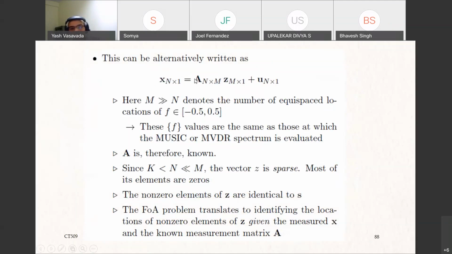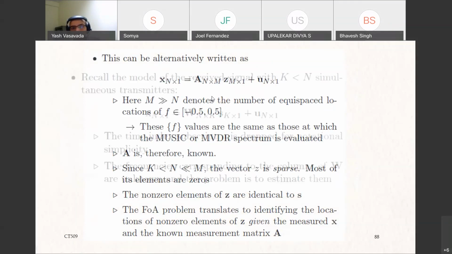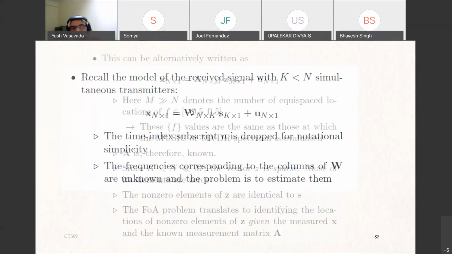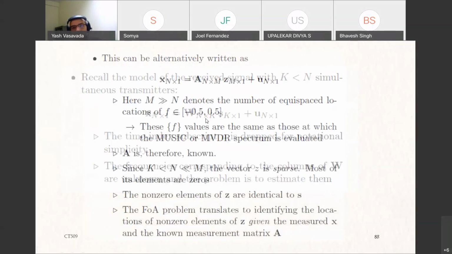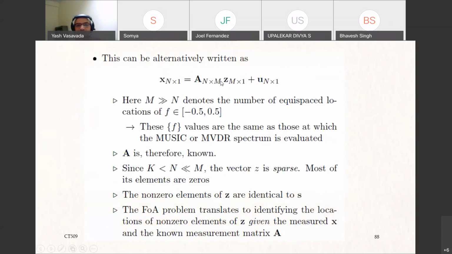Now, obviously, if I replace this W with A, then I have to do something with this S also to get the same X. And that is where the compressive sensing technique comes into play.